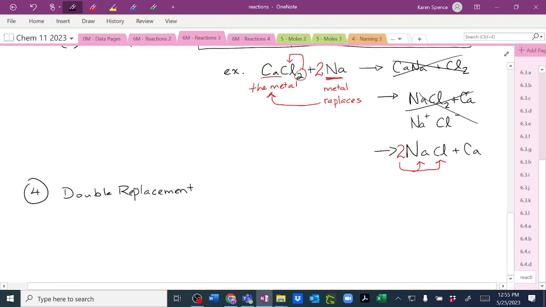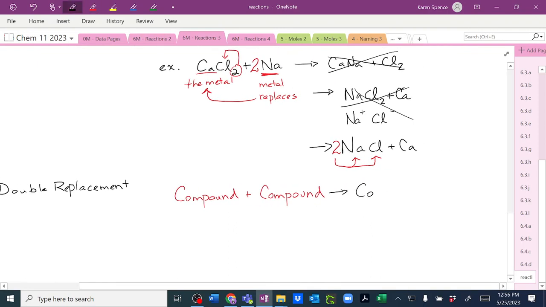And what kind of things do we have as our reactants in a double replacement? We have a compound and another compound. And what do we get as products? Compound and compound.